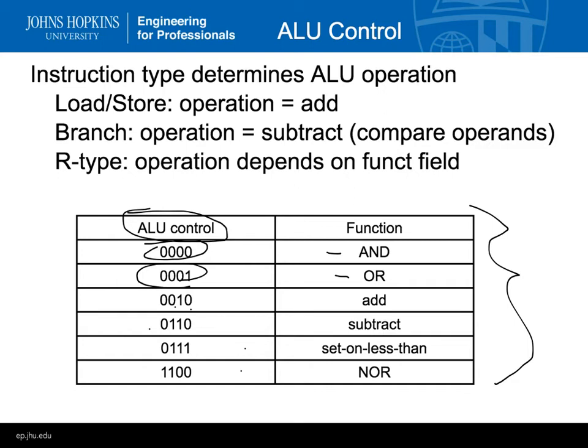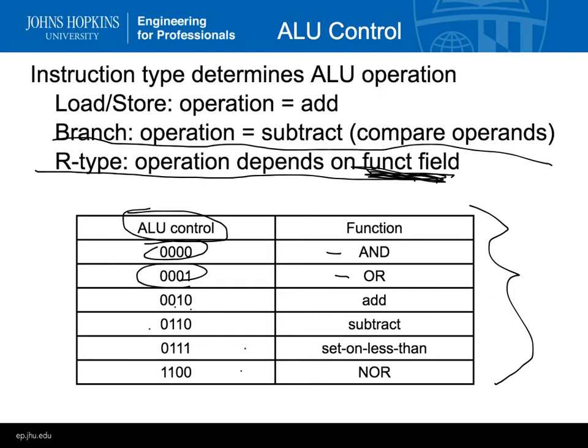So if I have an R type, like we just said, so if the opcode is 0, then use the function field to determine what operation to do. If it's a branch, we're going to subtract.